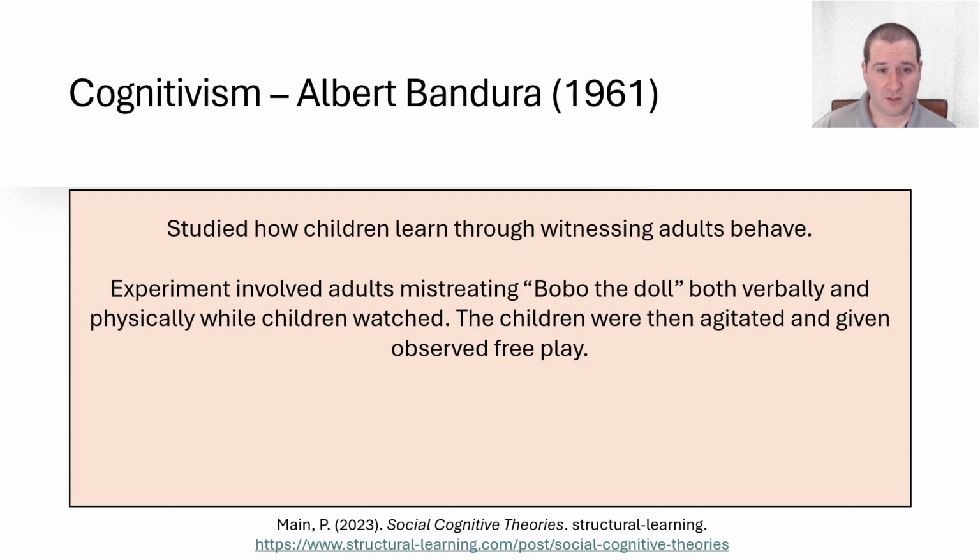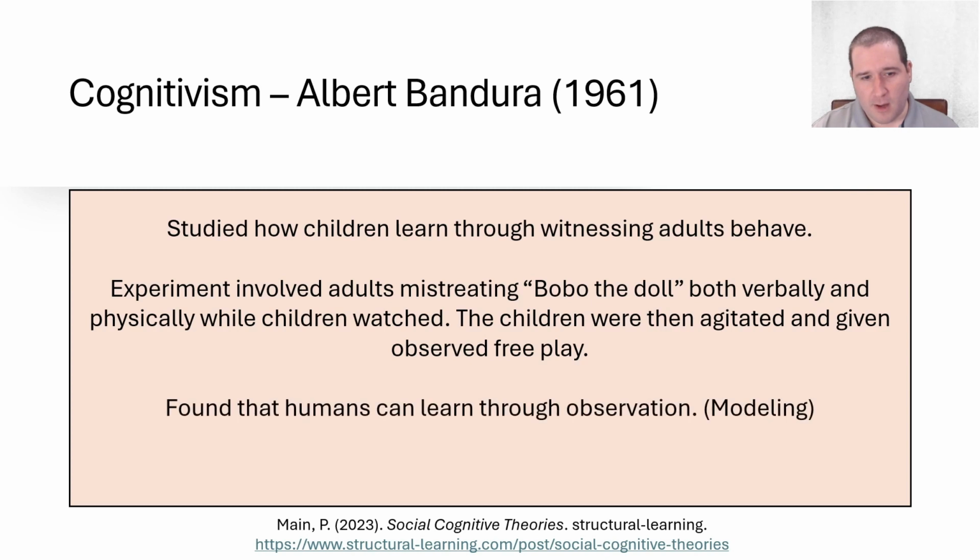Female children were more likely to verbally abuse the doll, whereas males were much more likely to physically abuse the doll. And based on who the child observed also had an impact. So boys observing a female adult had a different reaction than boys observing a male adult, which I found very interesting.